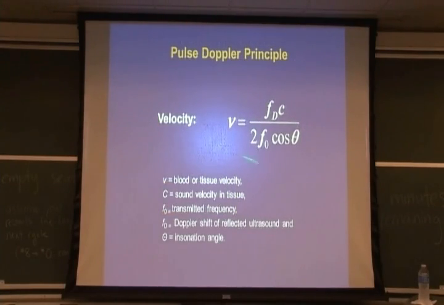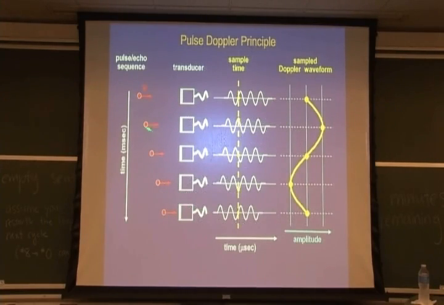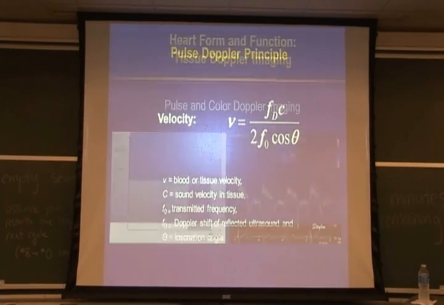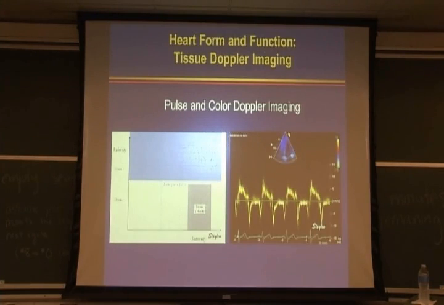And we apply this well-known equation, where you can measure the velocity using the shift in frequency, transmitted frequency, angle of insonation, and the sound velocity, which provides the velocity of the moving object against which the Doppler was sent. So we can measure the velocity of this moving object either going towards the transducer or going away from the transducer. And once the velocity is known, then you can work with that in many ways.